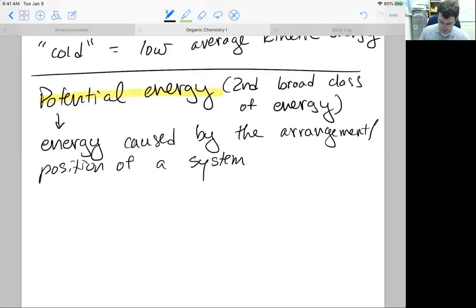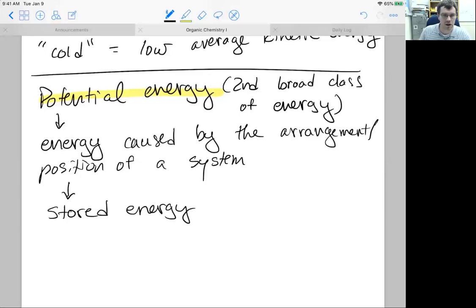Another thing you can think about is that this is the stored energy. This is not kinetic energy, so it's not moving. We don't have to think about it moving, or this type of energy doesn't result from any movement or lack of movement. It's just where something is in space-time, how something has its components arranged.